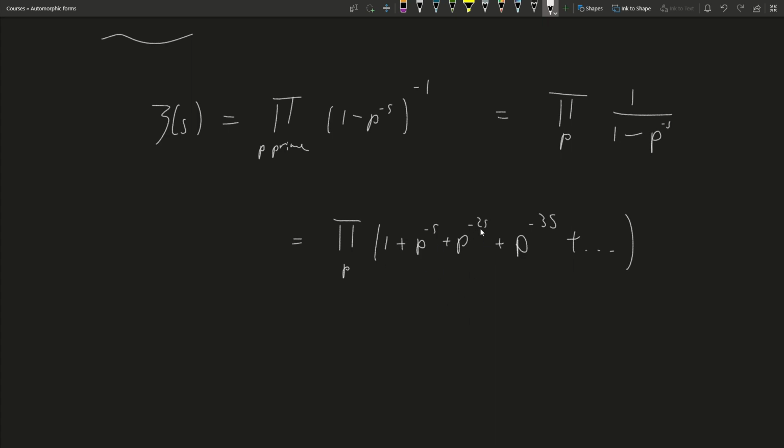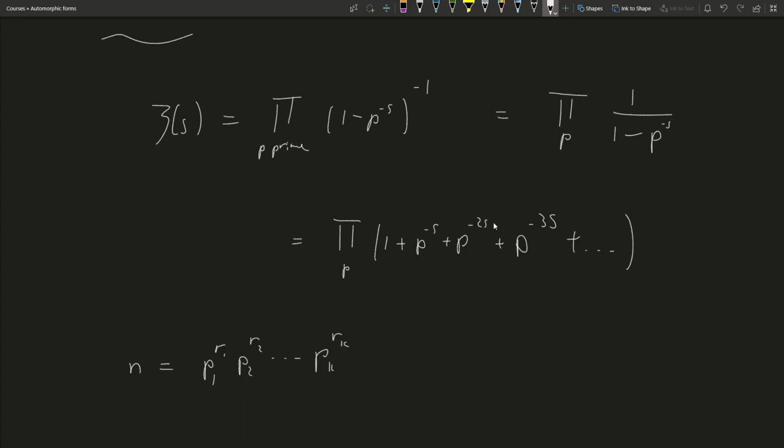And then if you think about multiplying this out, you take any integer n, and that integer n will have some factorization, p1 to the r1 times p2 to the r2 dot dot dot times pk to the rk.